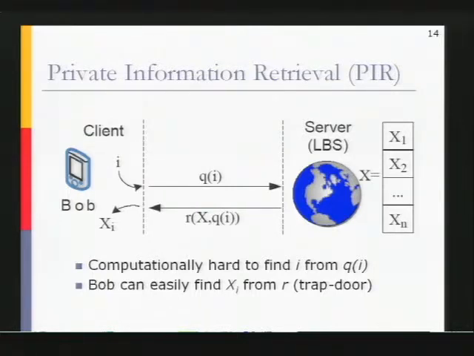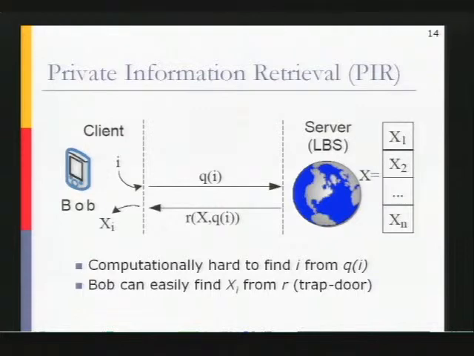He's going to encrypt this value of i, and I'm going to use the term encryption, although strictly speaking it's not encryption because there is no associated decryption. We can assume here that we say hidden. So he encrypts this index i into a query Q(i), and this query is sent to the server.